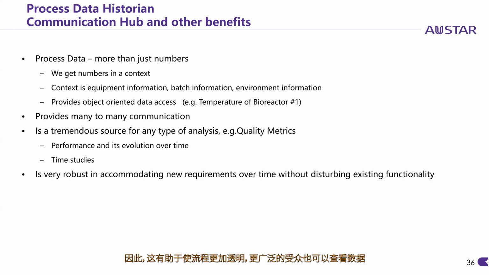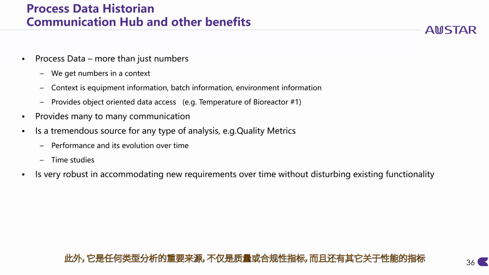Then another big point of the process data historian is to provide many-to-many communication. I will show that in a minute. And in addition, it's a tremendous source for any type of analysis, not only for quality or compliance, but also other metrics about performance. You can compare performance of different batches, and you can do time studies.